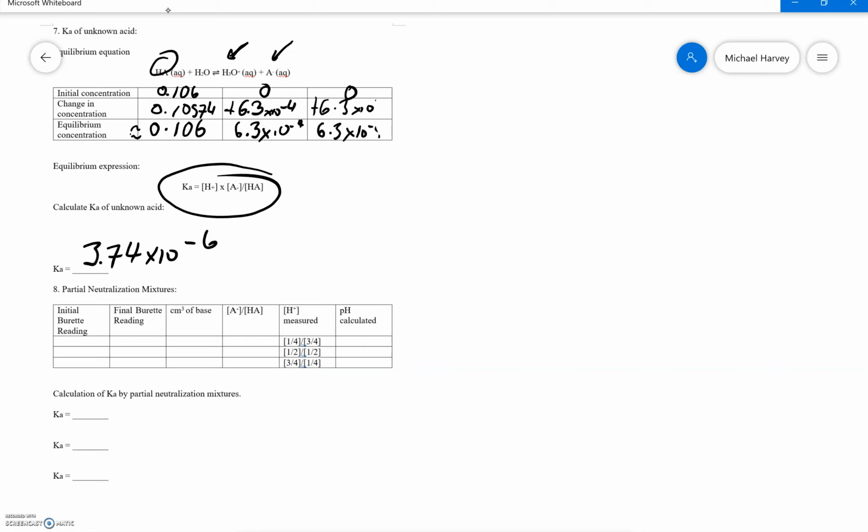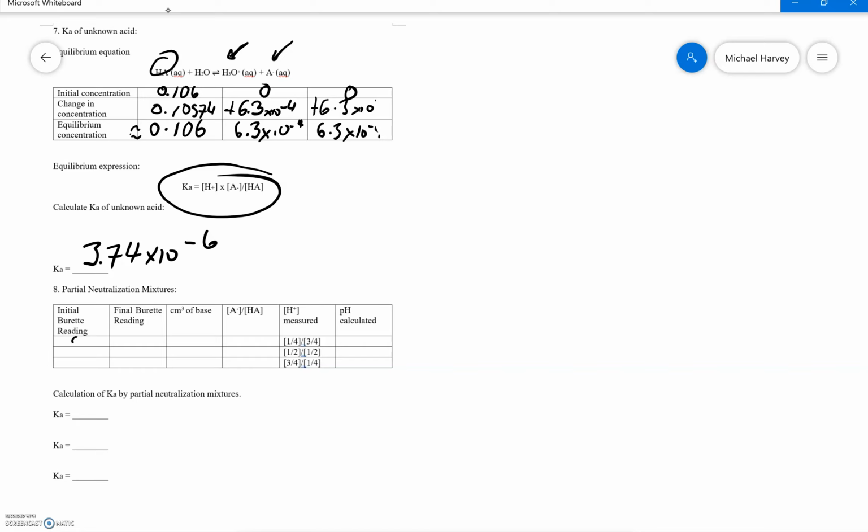Because you know the final volume of base that will neutralize the acid at the end point, you're basically dividing that up and doing partial neutralizations. So you're doing neutralization where you use a quarter of the amount at neutralization, half the amount, and 3/4 the amount. So I'm just going to use Nannerel's numbers for this.